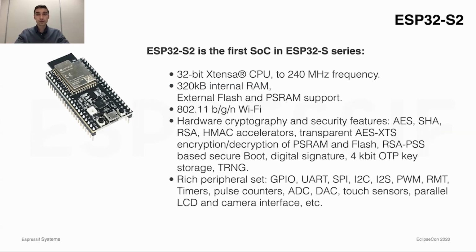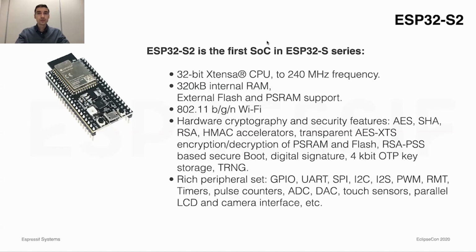The microcontroller has a wide range of peripherals, and these can be multiplexed to any of the 42 general purpose IOs. Espressif has a couple of development boards which make it easier to start a project based on the ESP32-S2. For example, here on the left, you see the ESP32-S2 Cellular 1 board.